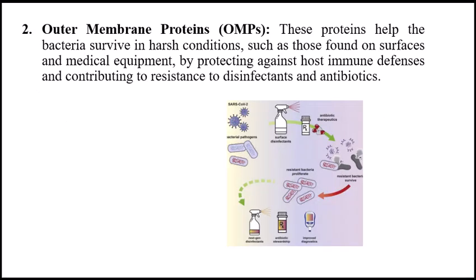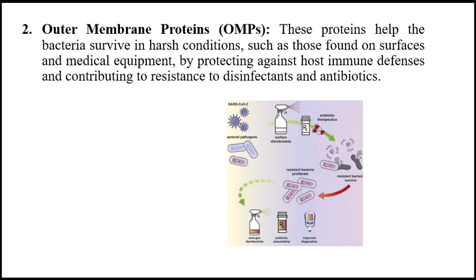After that we have outer membrane proteins. These proteins help the bacteria survive in harsh conditions, such as those found on surfaces and medical equipment. The outer membrane of the bacteria is a protective shield, acting as a guard at the gate. They help block harmful things like disinfectant and antibiotics.